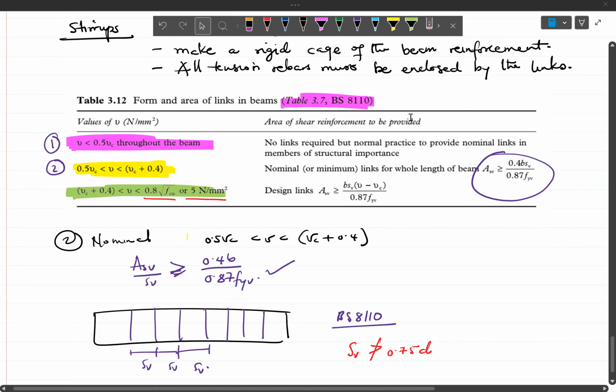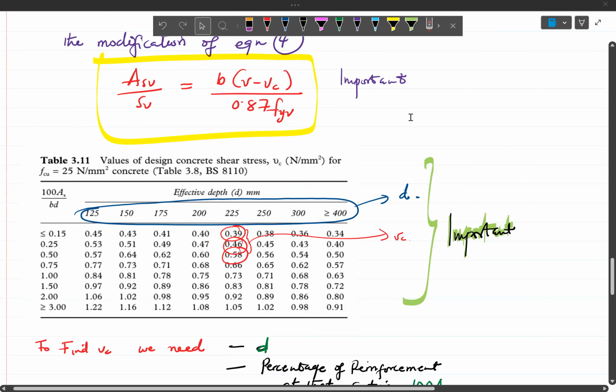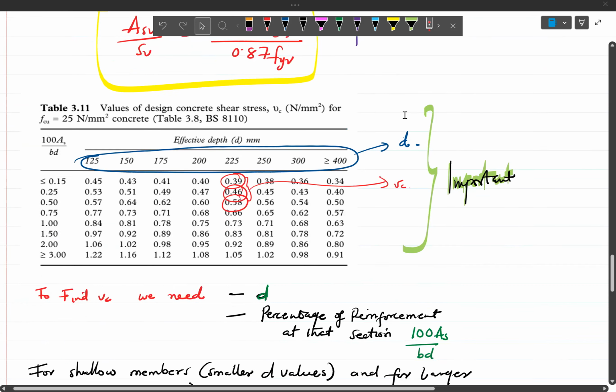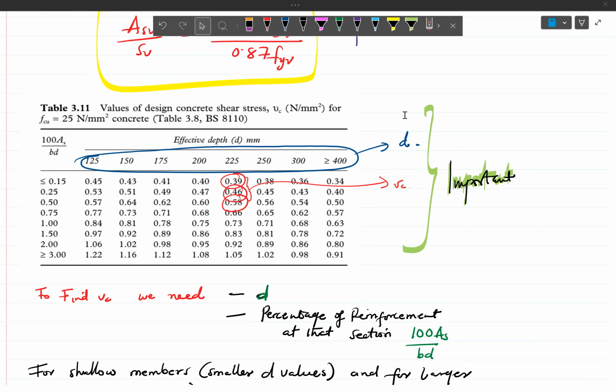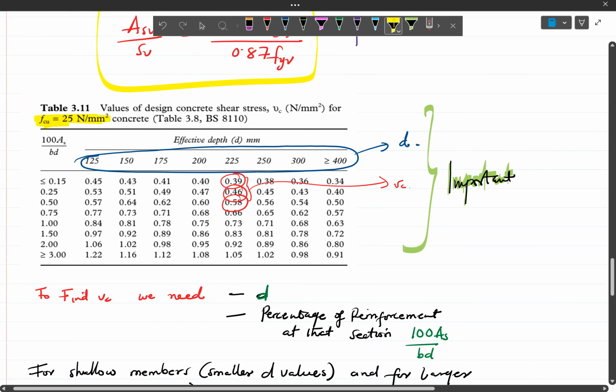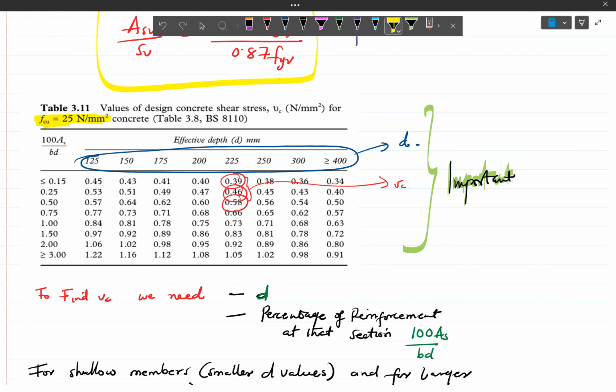I think this table, the table I brought earlier, take note, this table only works for FCU equals 25 newtons per millimeter squared. All right. So now the question is, what if FCU is maybe 30 newtons per millimeter squared?